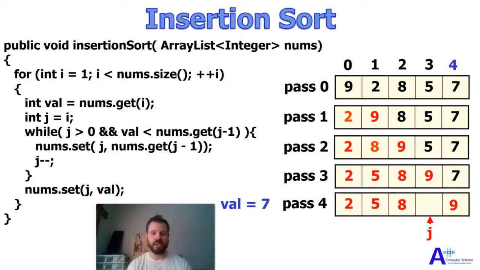It is. So we'll move that 8 up. We'll set what's at j to the 8. We'll move j down once again. And then we'll ask the same question. Is 7 less than the previous number 5? It is not. So my inner loop is over. We'll set what's at j to val. All right, and there we go. My list is sorted.